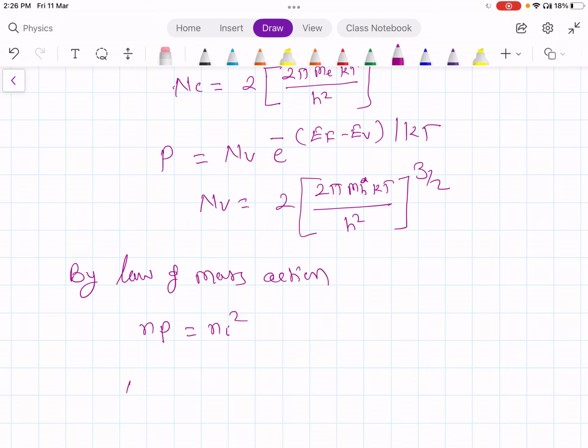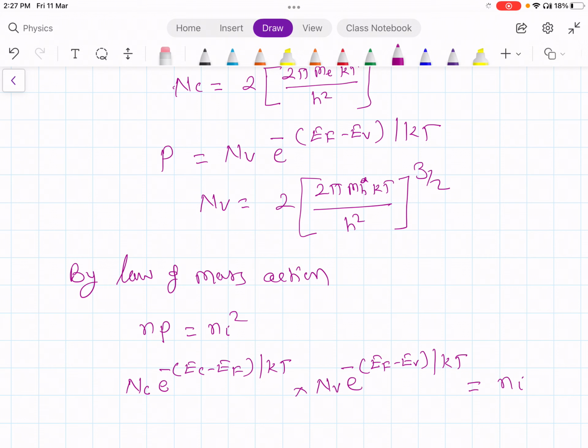So n is equal to Nc e raised to minus of Ec minus Ef upon kT into Nv e raised to minus of Ef minus Ev upon kT, and that is equal to ni square.